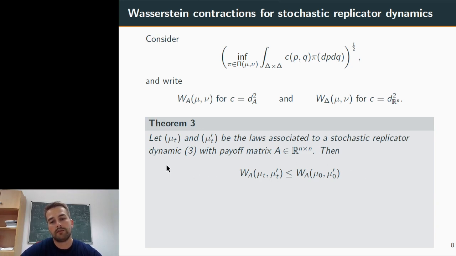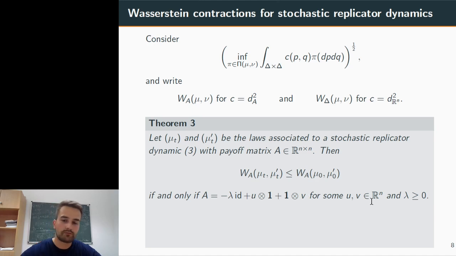So indeed, here comes a necessary and sufficient criterion. This bound holds if and only if A is of this form. So we've got this diagonal part, and then these two rank 1 matrices given by some vectors u and v. And now typically you would probably want to see something like an exponential decay factor in front of this right-hand side over here.